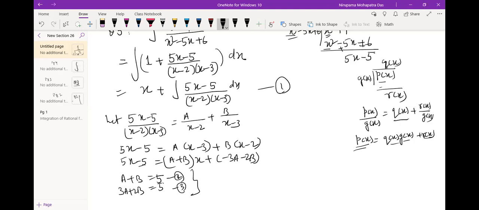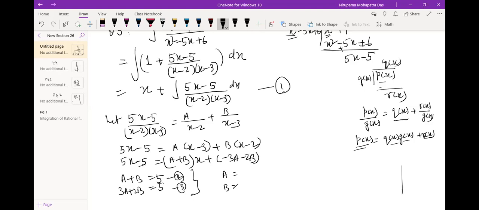I will be using the shortcut method here. What is A and what is B? If I take x equal to 3, then 15 minus 5 gives 10, so B equals 10.